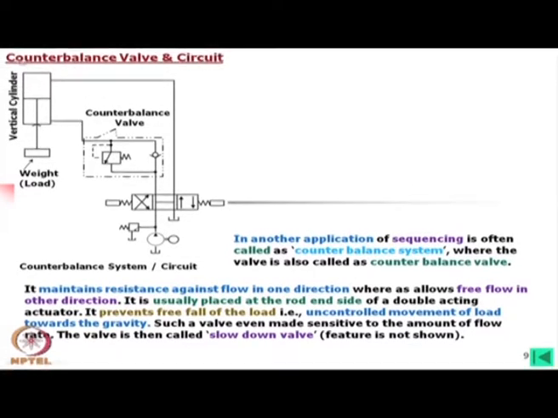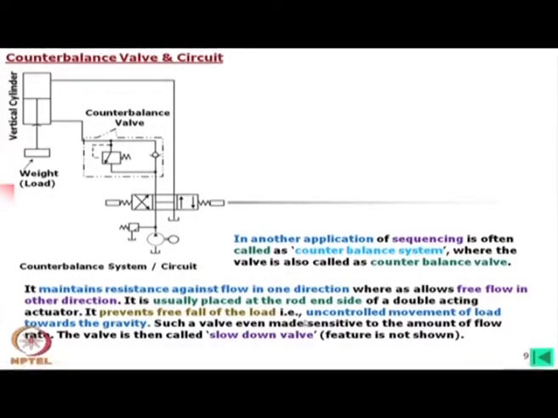This is a double acting actuator, and we have placed the cylinder in a vertical direction. It can be upside down also, but this is not for horizontal work. Normally, where we are lifting a load, there the counterbalance is used.